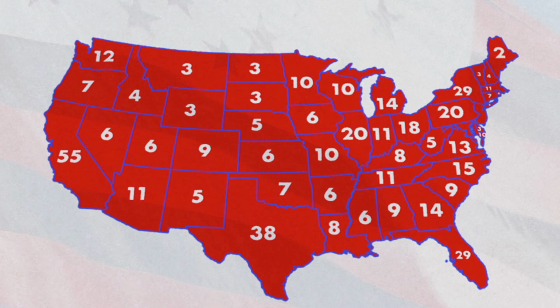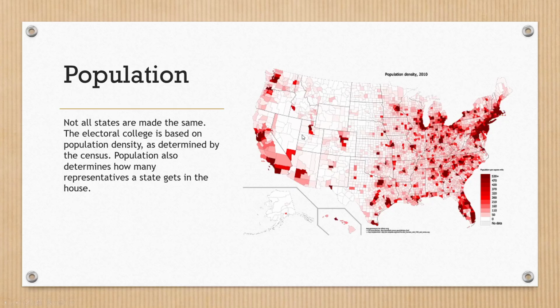The reason why we have the electoral college, in theory, is that if you look at this map, and if I were a presidential candidate, I would never have any reason to care about most of these places, right? I would do all of my campaigning in California, New York, Florida, and Texas, because that's where the vast majority of the population in America lives.